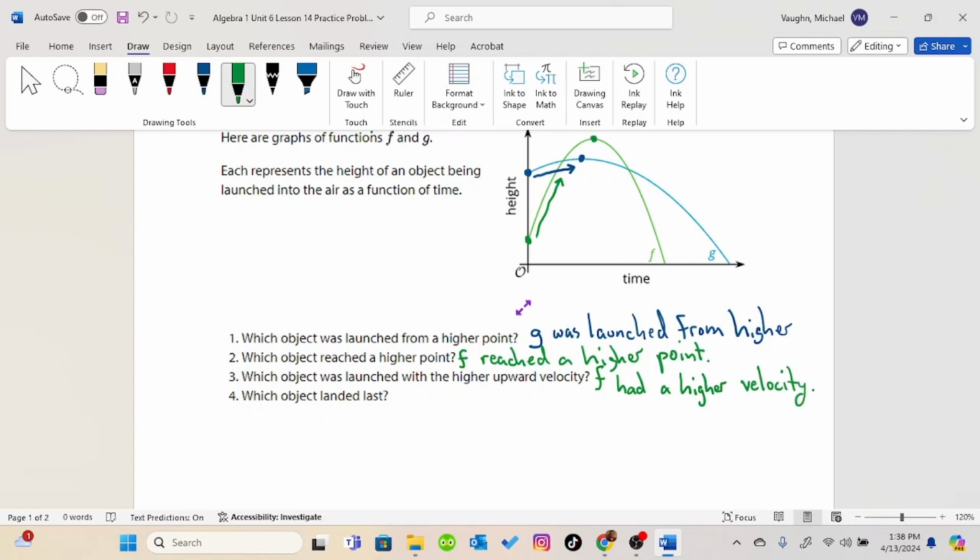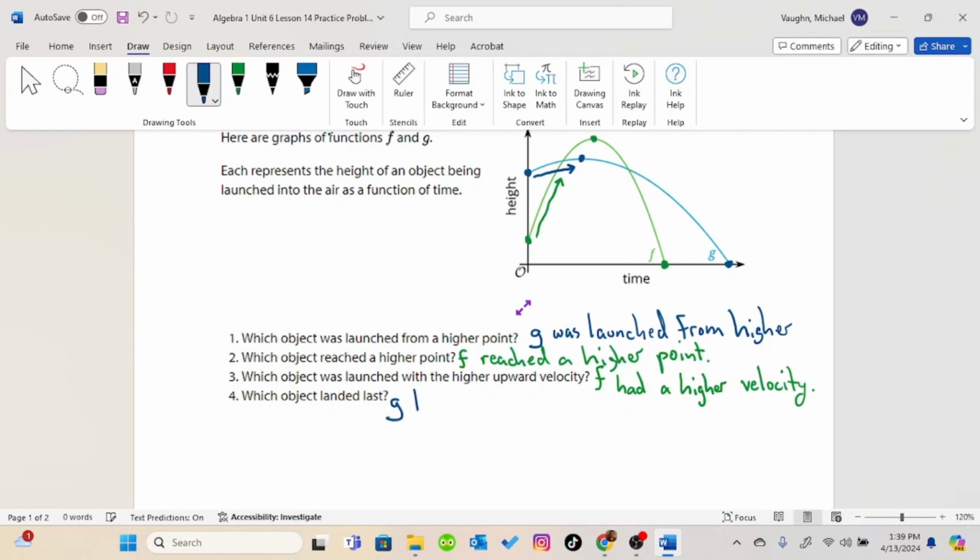And number 4, which object landed last? Well, F lands when it hits the x-axis here, but G doesn't land until it hits the x-axis down at the end.